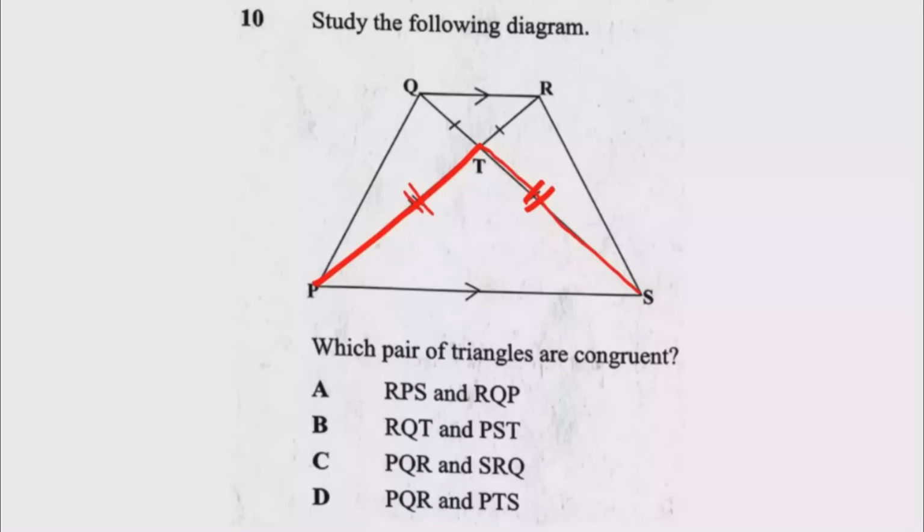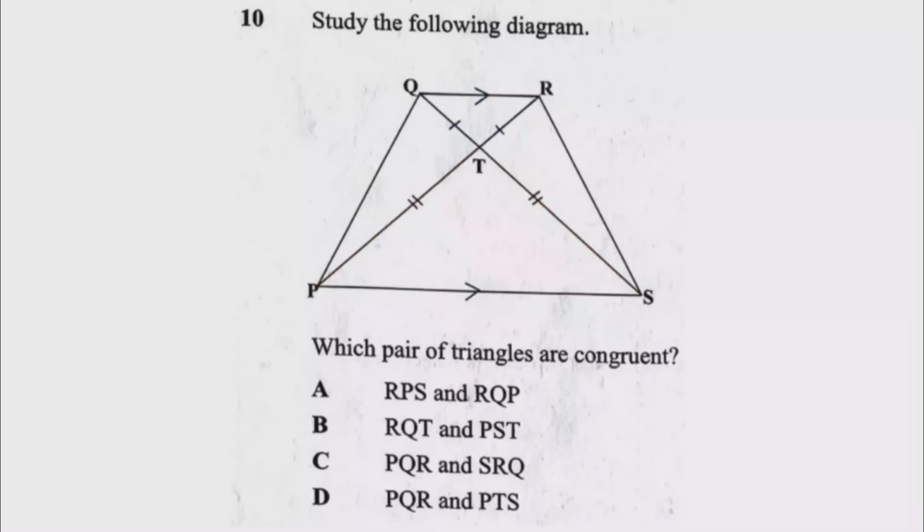We can also note that this line QT is equal to line RT. And we can also note that RPS and QR are parallel, as you can see from these signs. Now once we have noted that, we can go ahead and identify the triangles that are congruent.